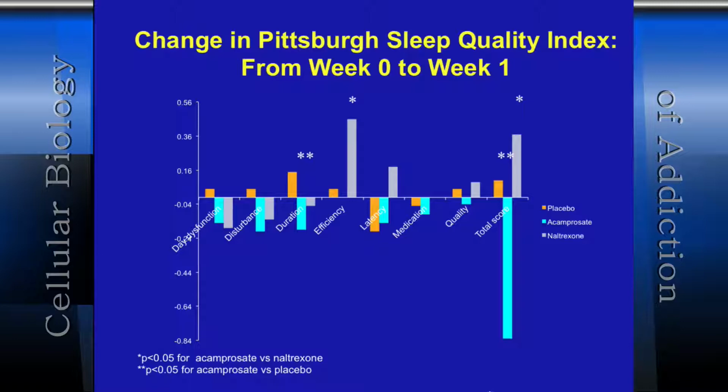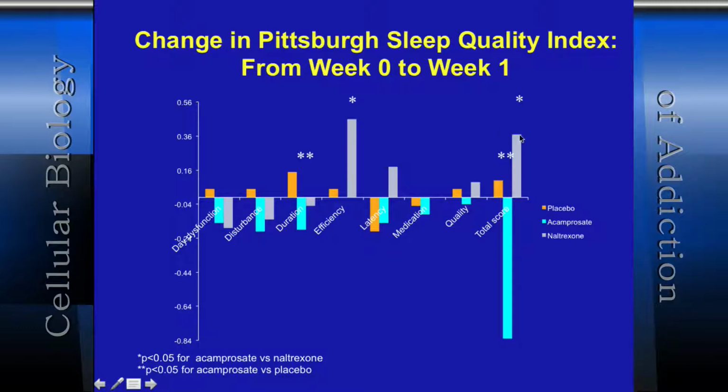Change scores are awful, but these are the change scores from baseline to after the 1 week of treatment in the Pittsburgh Sleep Quality Index, and with placebo, you have some worsening of sleep. With naltrexone, you had a good deal of worsening in sleep efficiency, which is the amount of time actually spent sleeping while you're laying in bed, and in overall sleep quality, there was some worsening.